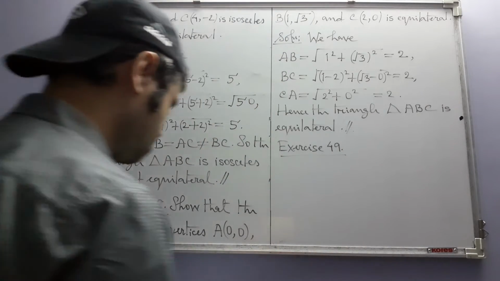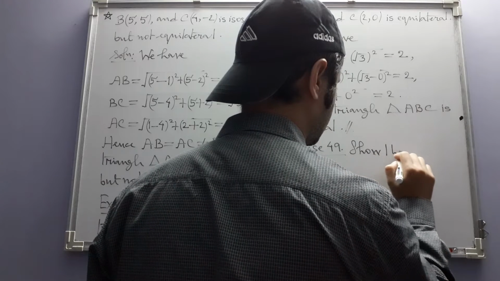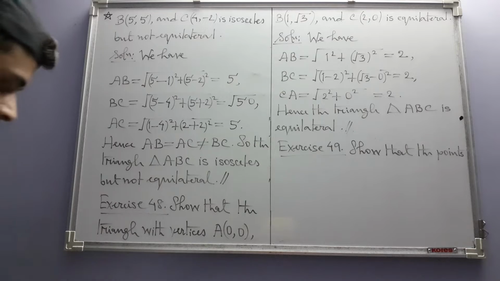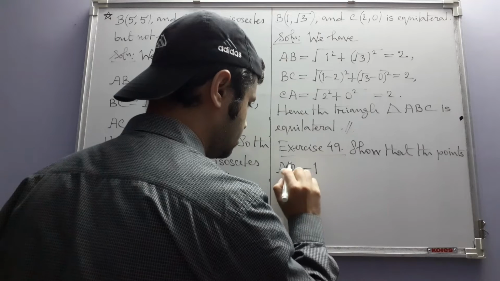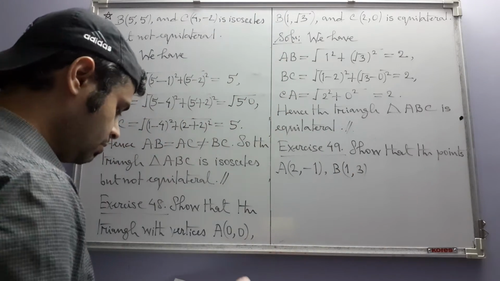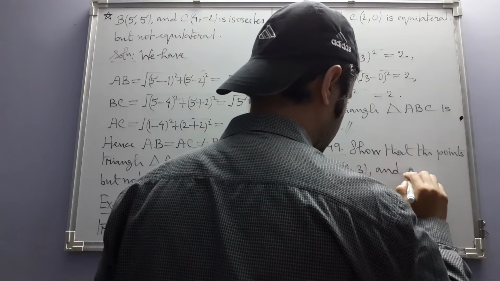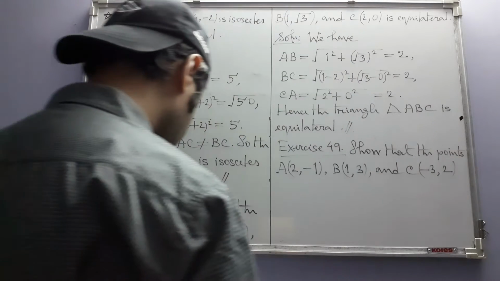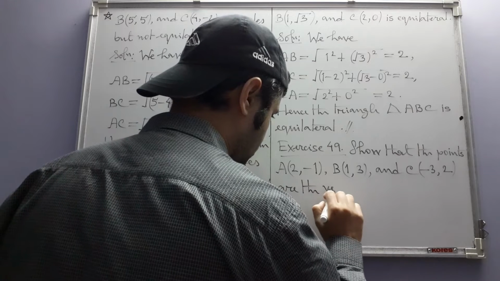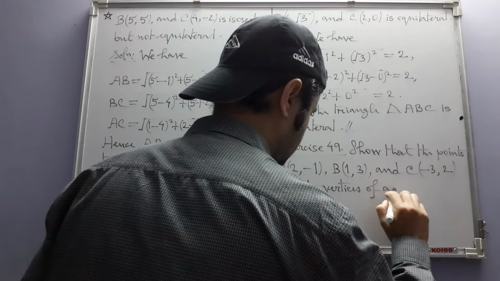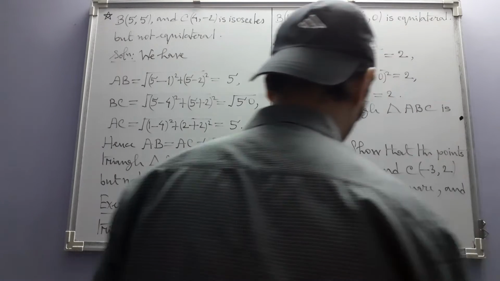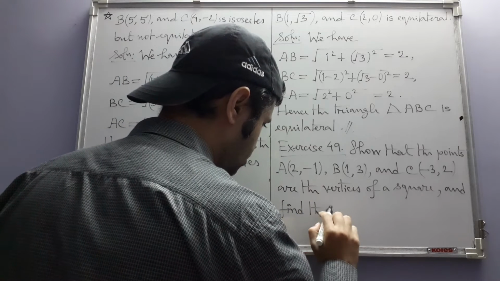Then 49. Show that the points A(2, -1), B(1, 3), and C(-3, 2) are the vertices of a square, and find the fourth vertex.